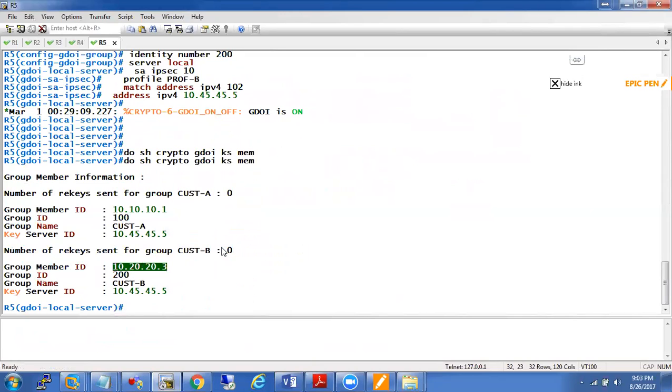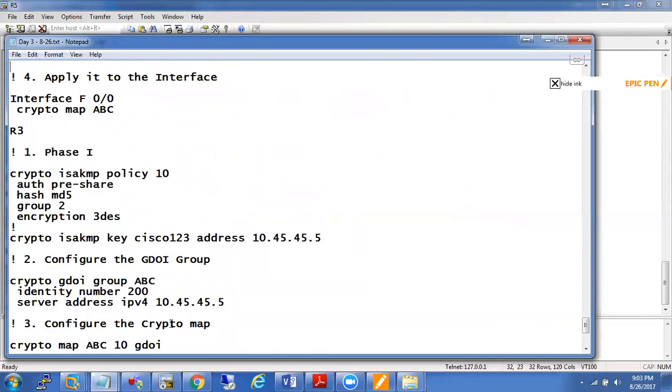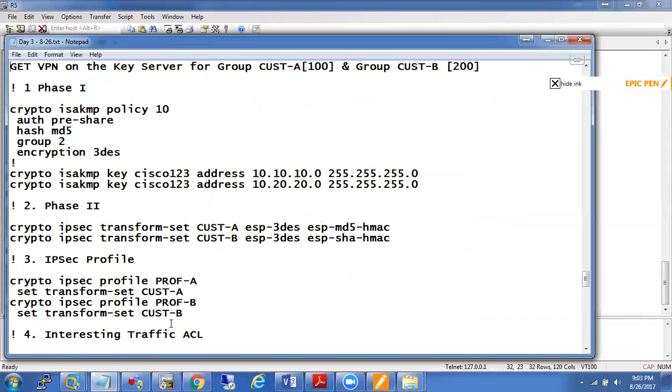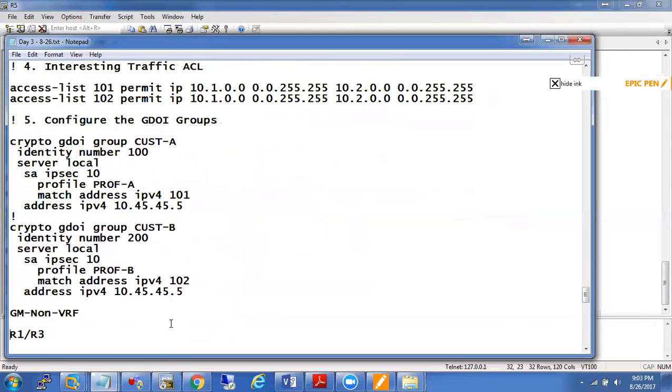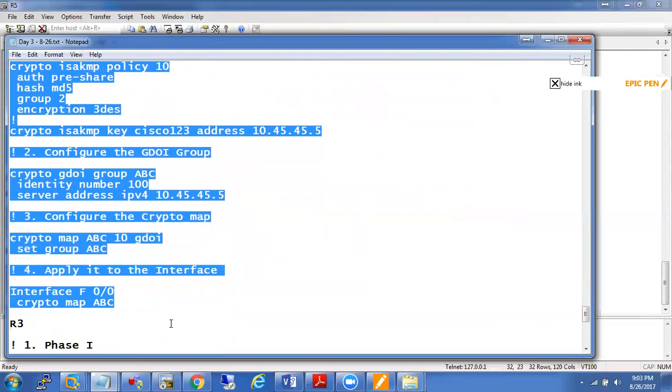Now, what do I need to do for the VRF one, which is R2? So this was for this guy. Key server was this guy, and now where's the GM? Copy this for right now.